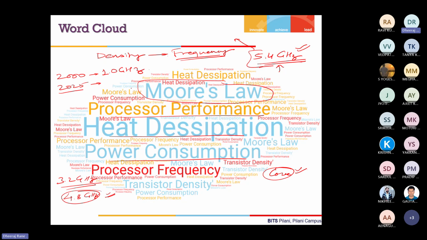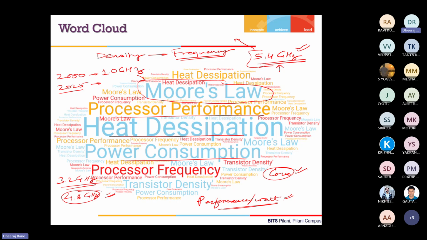Moore's law, we have seen that the transistor density doubles every 2 years, and that goes on and on. But rather than increasing the frequency further, because ultimately what we are interested in is performance per watt, whatever performance per watt we would like to draw, that is the main motto behind the whole processor execution.